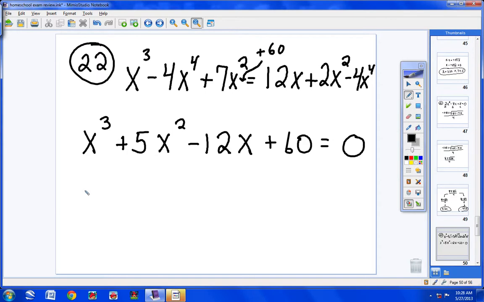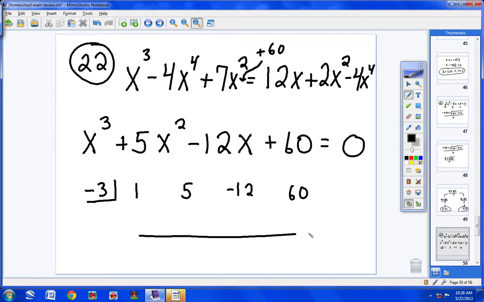So -3, use synthetic division, and you would be left with 1, 5, -12, 60. Bring down your 1. So -3, 2. That can't be right. Boy, I'm hitting a home run today on my mistakes, aren't I, guys?